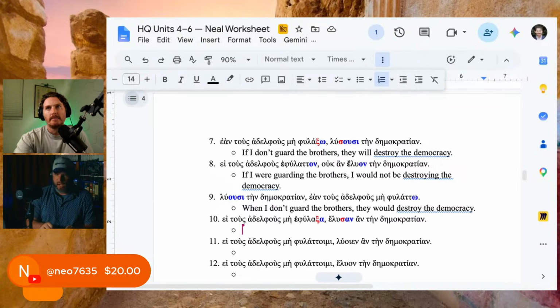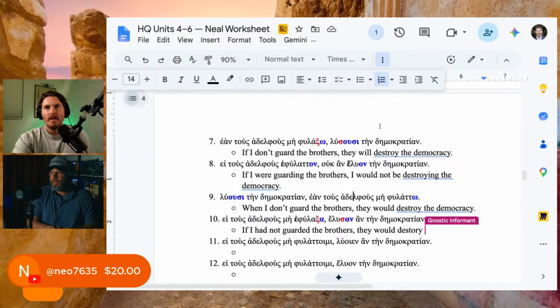Okay, let me start with the if. If I, and once we have me again, so if I had not guarded the brothers, they would destroy the democracy.